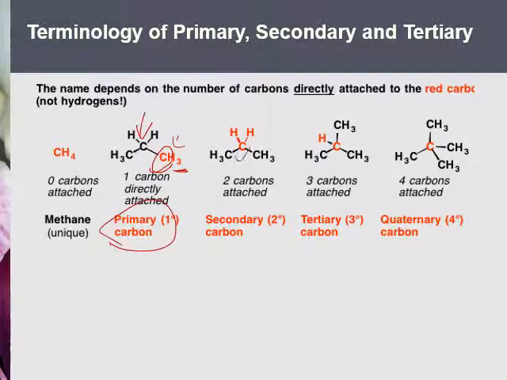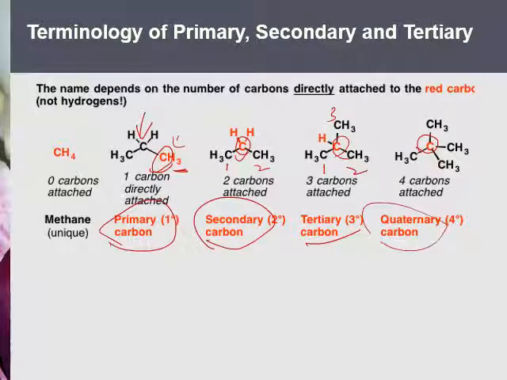Now, if this is the one you are interested in, because it is attached to 2 carbons, 1, 2, this is called a secondary carbon. And this carbon is directly attached to 3 carbons, and therefore this is a tertiary carbon. And this one is attached to 4 carbons directly, so it's called a quaternary carbon.